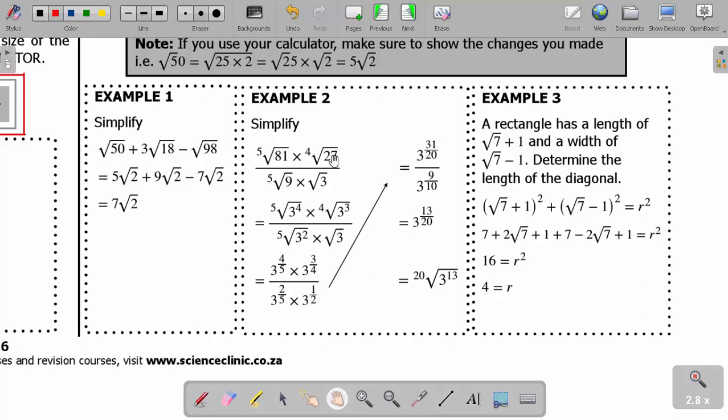Let us work it out properly so that you see what we are really talking about here. We are saying that this 81 here is the same as 3 power 4, the same as 3 power 4.